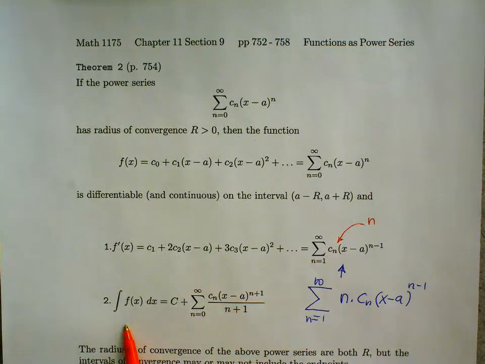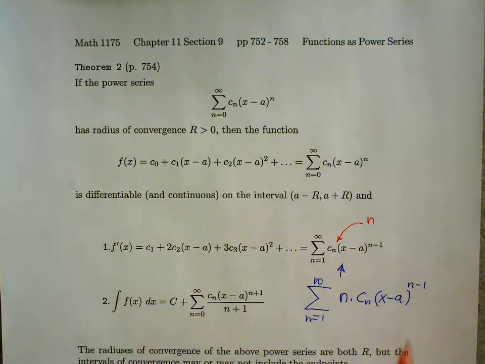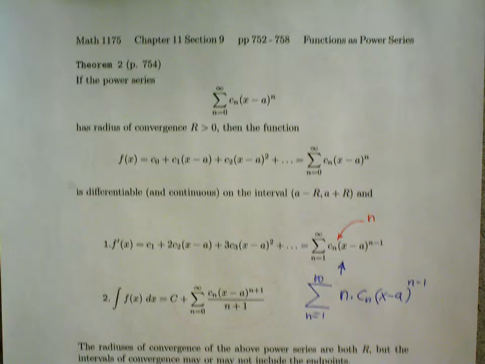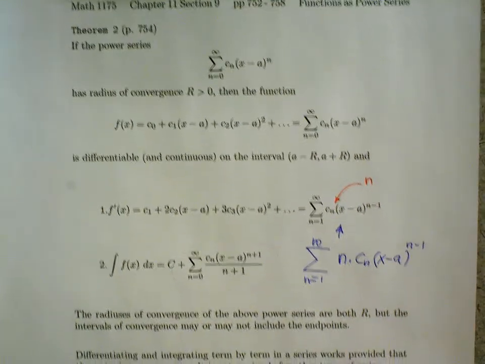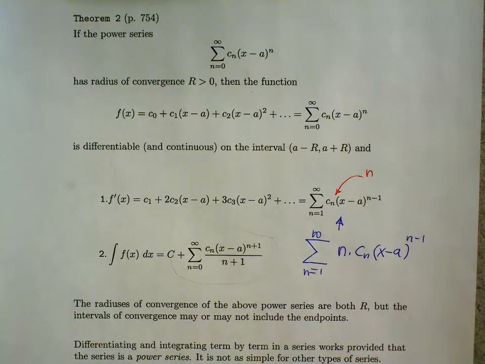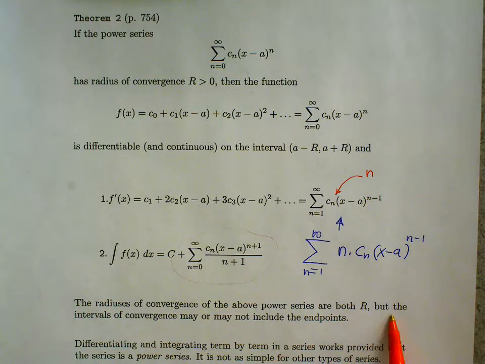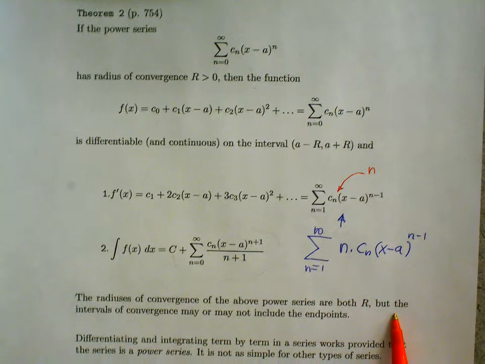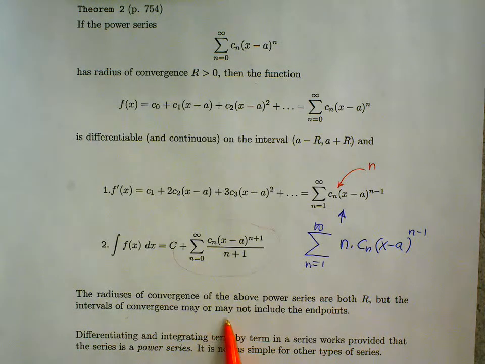Okay, but when we integrate f of x, we do that term by term. This one looks correct. So integrate term by term and just use the integration formula for each of the terms in the series. Okay, so the radiuses of convergence of the above power series are both capital R. But the intervals of convergence may or may not include the endpoints.